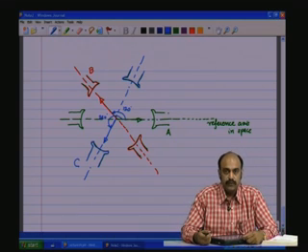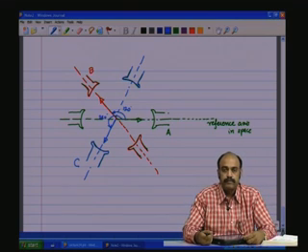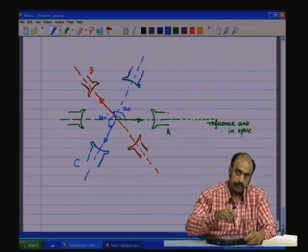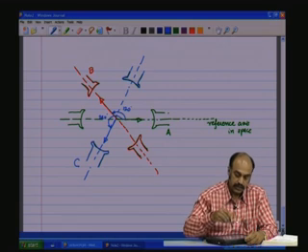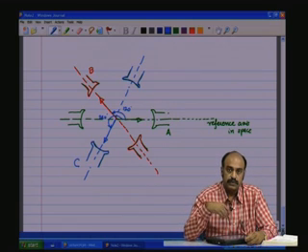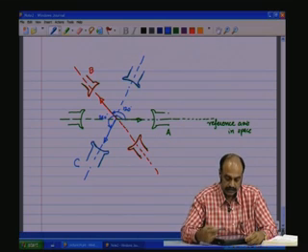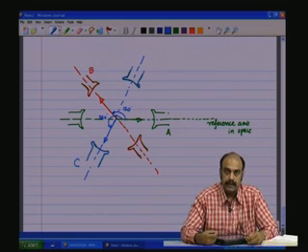So, we will see how we generate this rotating flux by means of the three phase currents IA, IB, IC passed through this stationary pole axis as shown here to generate a rotating flux. We shall discuss this further in the next class. Thank you.